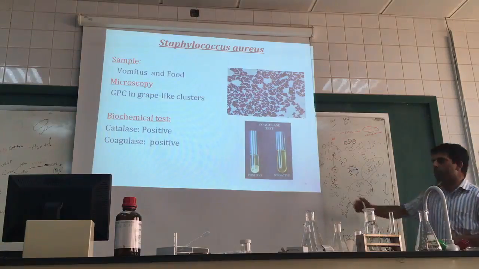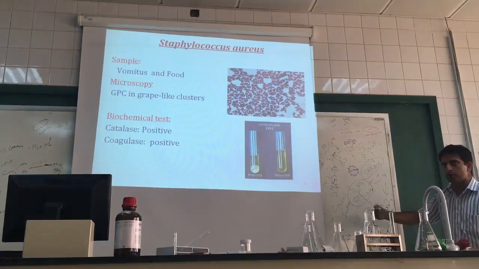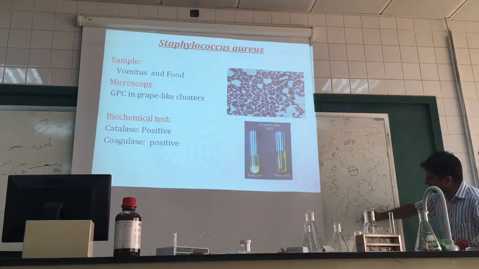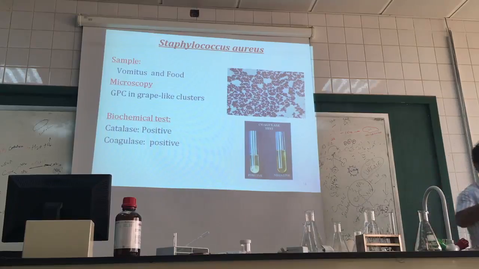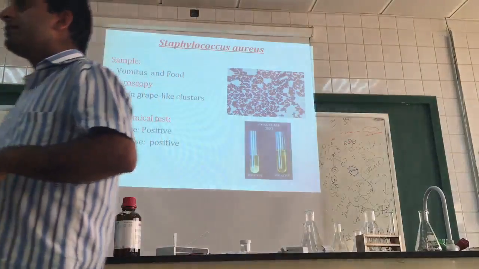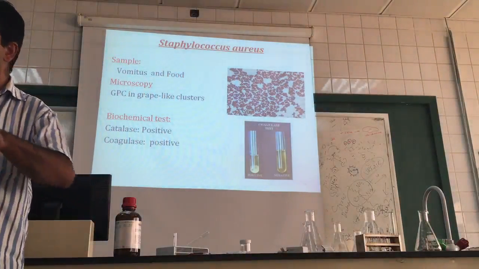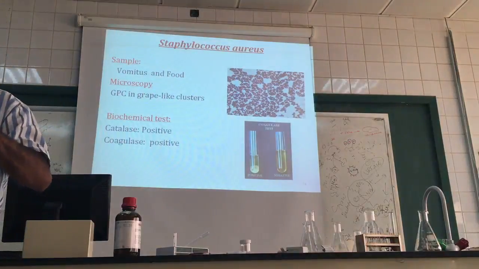What is coagulase positive? Coagulase is an enzyme produced by the Staphylococcus. When it causes infection inside the body, it changes fibrinogen into fibrin. When it is present in your body, it releases coagulase, and it coagulates the area around it.